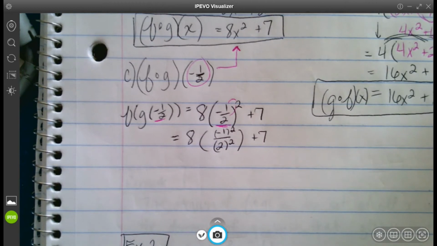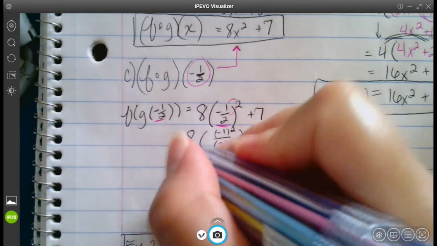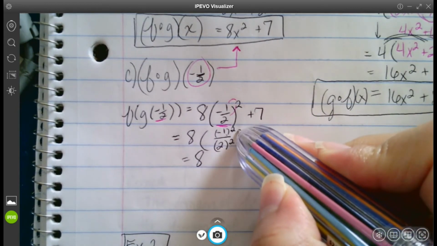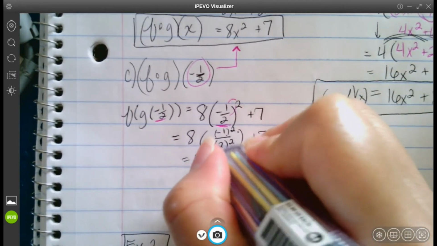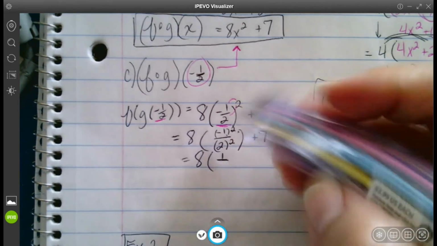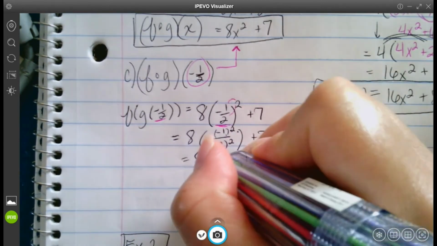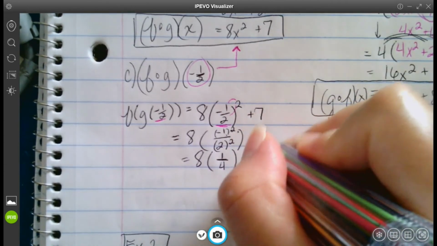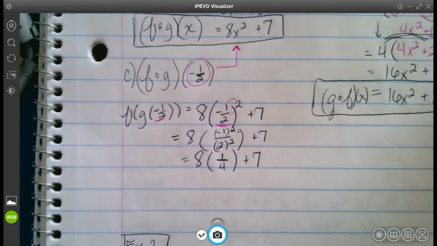So we're distributing that little 2 on the outside. Okay, so let's see. -1 squared is -1 times -1, which is just 1. 2 squared is just 4. And that's it. Plus 7 on the outside.